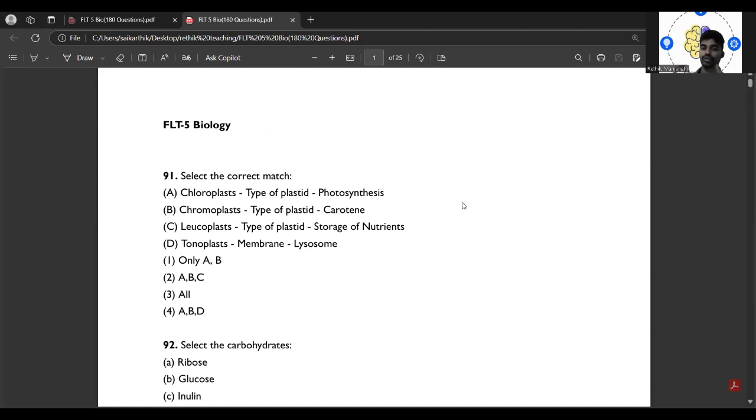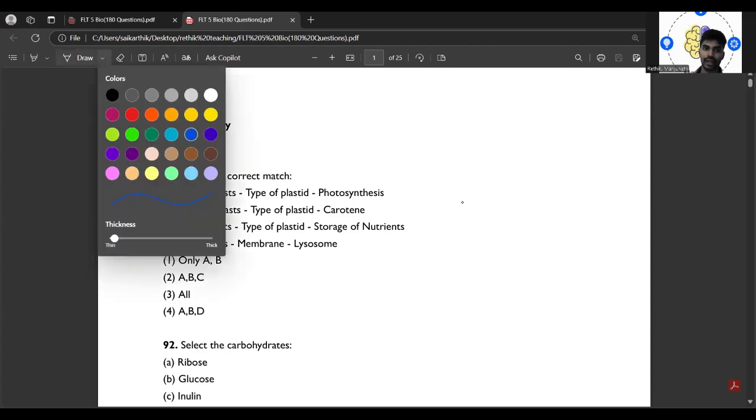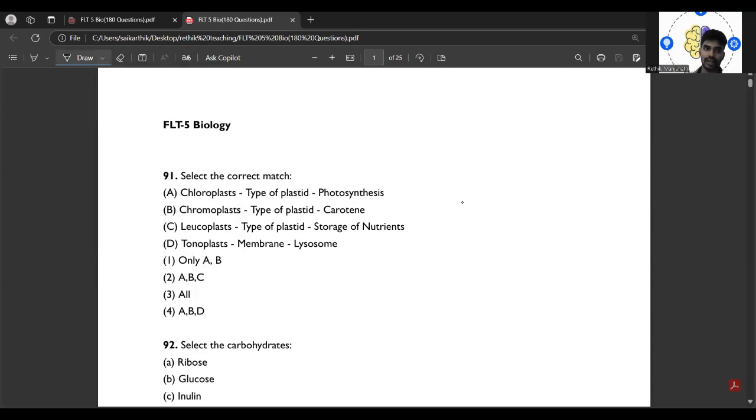Okay, so without delaying, let us go directly to the question, and I will discuss the correct answer. I need to select the correct match. The chloroplast is a type of plastid, involved in photosynthesis.